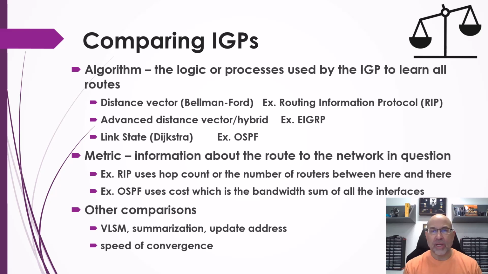The other way to compare them is what is the metric? Well, RIP, as I said, uses hop count, which is sort of a simplistic measurement, right? It's just this many routers away. But there's no information in there about the links over which they pass, the cost, the throughput capacity. Nothing in there is provided. Now, OSPF uses cost, which is a sum of the bandwidth of the outgoing interfaces.